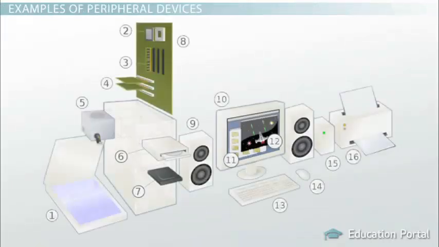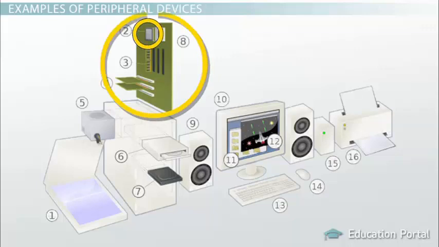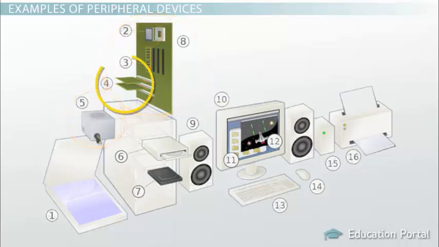Here you can see a typical desktop computer system with a number of common peripheral devices. The central processing unit, number 2, motherboard, number 8, and power supply are the core computer systems. Expansion slots, number 4, on the motherboard make it possible to connect internal peripherals such as a video card or a sound card. They're not shown.